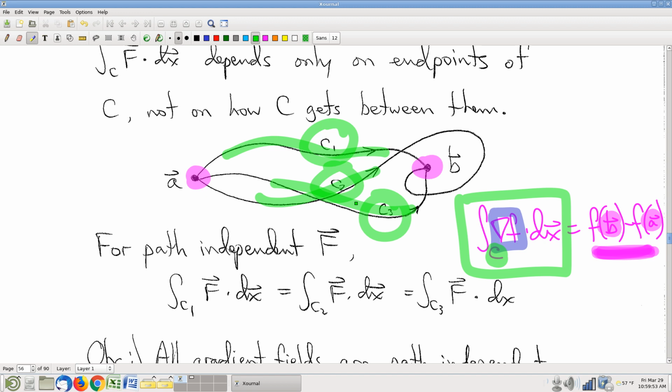Well, it's got a start and end at the given points, right? I mean, obviously, don't pick that curve. We've agreed that we're starting there, we're ending there. But with the understanding that you can't change the starting and ending points, pick any path you like. The value of the integral is not going to change. It's independent of your path.